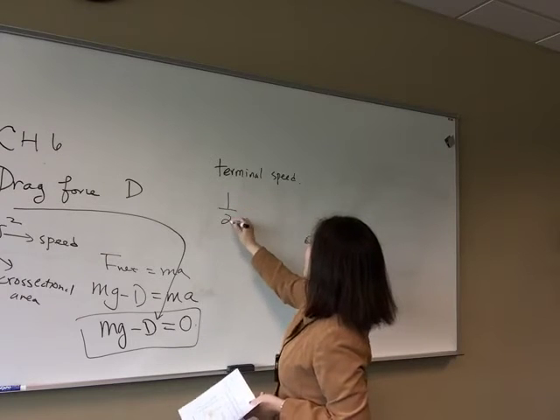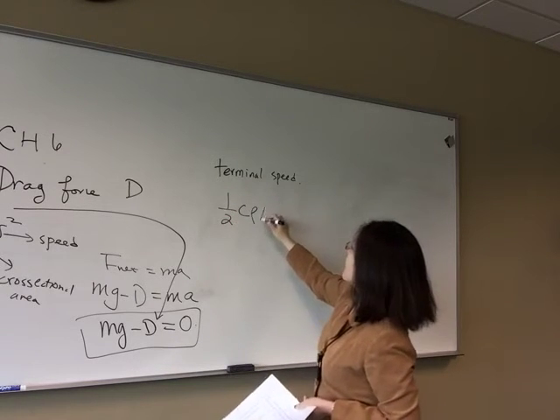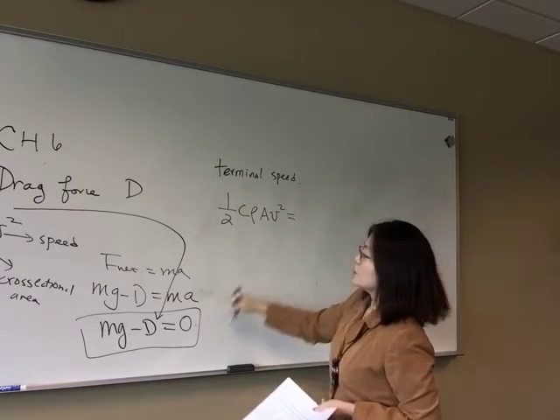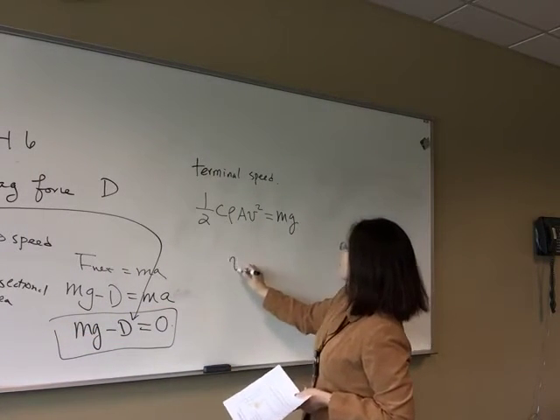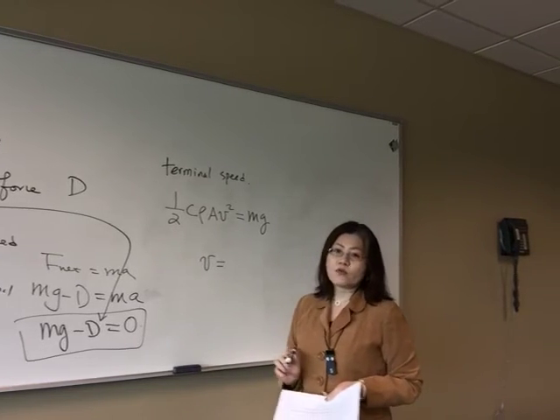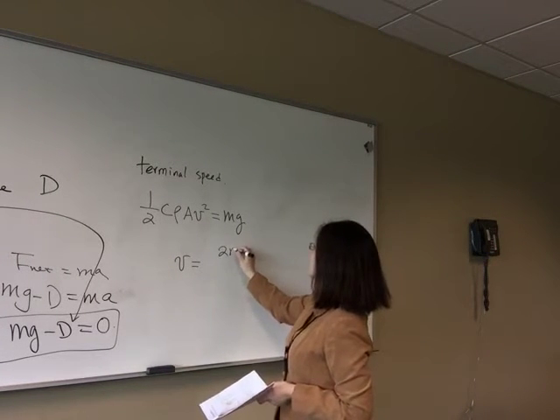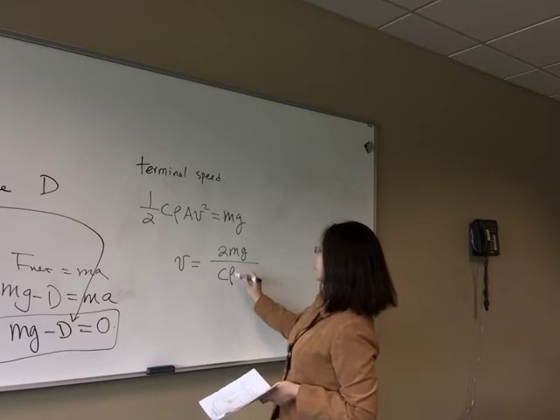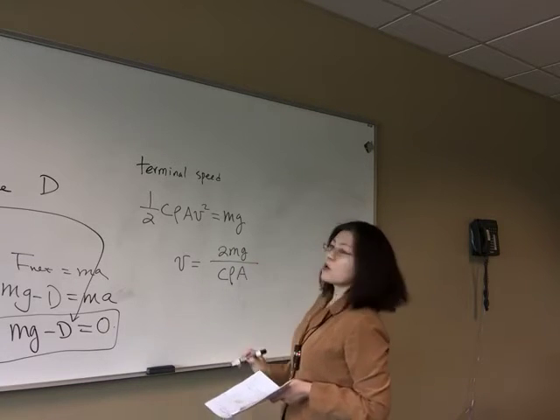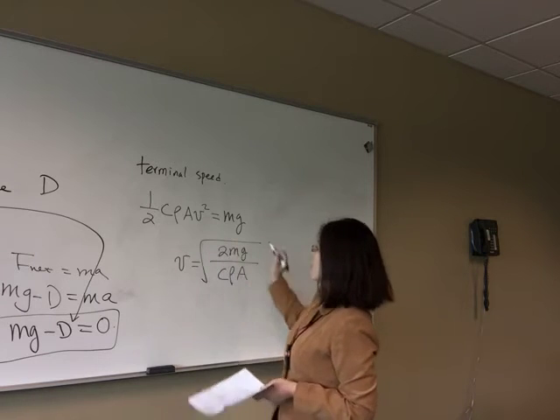You have your 1/2 C rho A V squared, and that's equal to the gravitational force, which is mg. So you can calculate the magnitude of that speed. You have 2mg over the drag coefficient, the density of the fluid, and also the cross-sectional area, and then the square root of that.